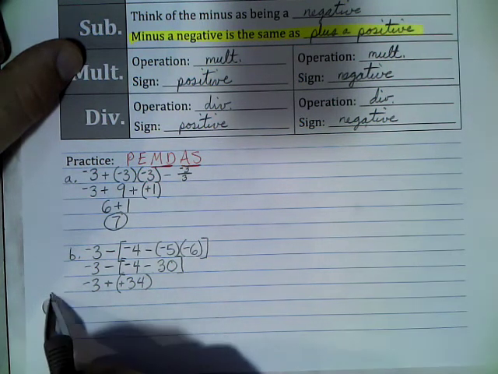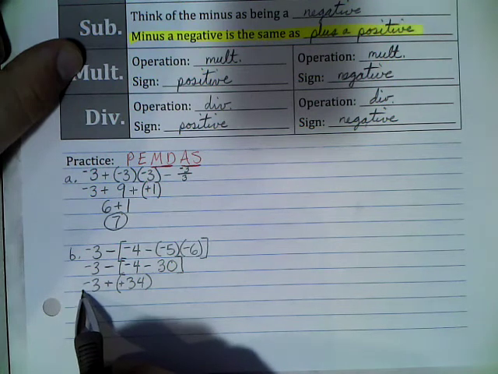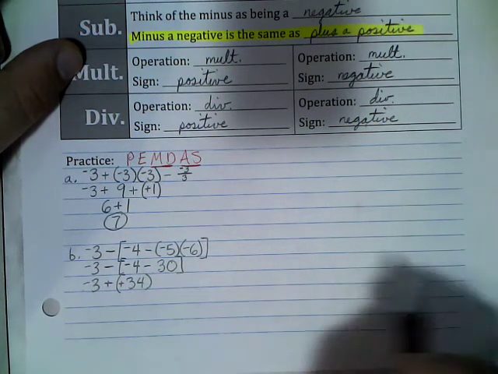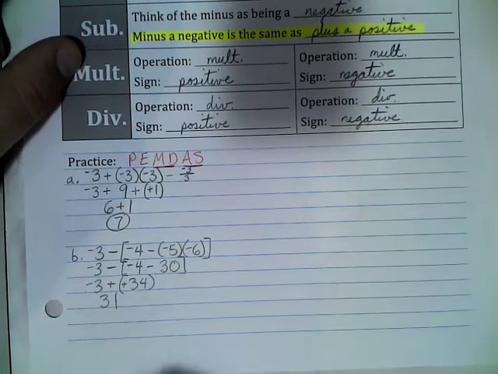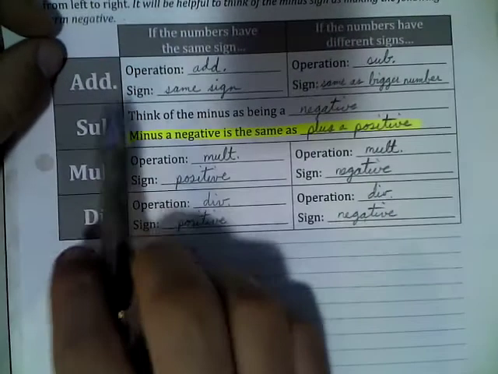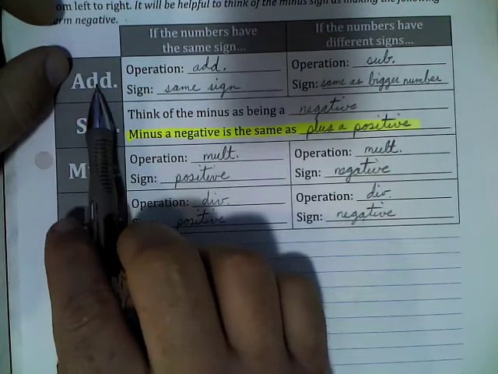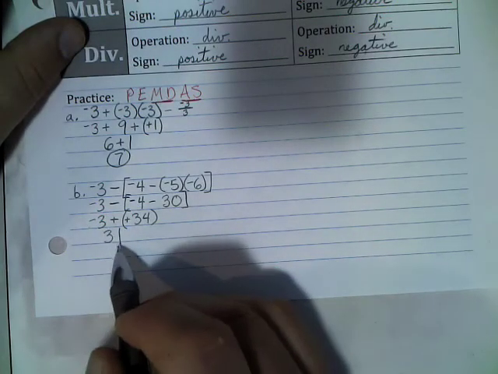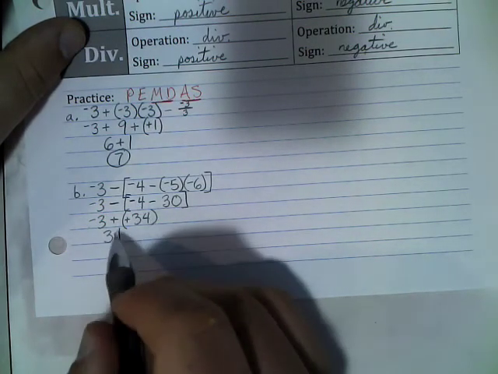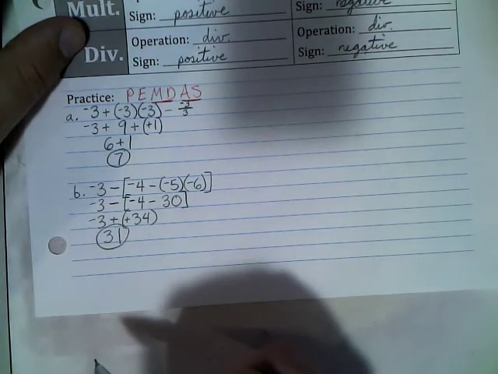Well, if you are back at -3 and you go 3 to the right, that'll put you at 0. But then I got to go 31 more to the right. Or, if we follow the rules, I'm adding, but they have different signs, so we subtract, and the sign is the same as the bigger number. So 34 minus 3 is 31, and this is a positive, so that's a positive. Either way you want to look at it.